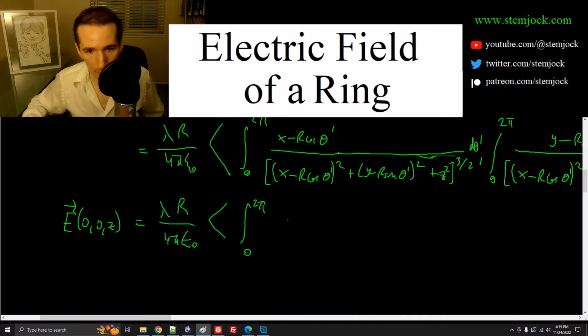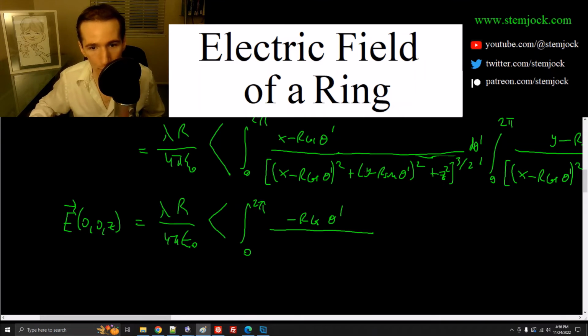The numerator here becomes negative r cos theta prime. And the denominator, if we set x and y equal to 0, is negative r cos theta prime squared plus negative r sine theta prime squared. And that simplifies to just r squared, because cosine squared plus sine squared equals 1. So that simplifies very nicely. And this is d theta prime.